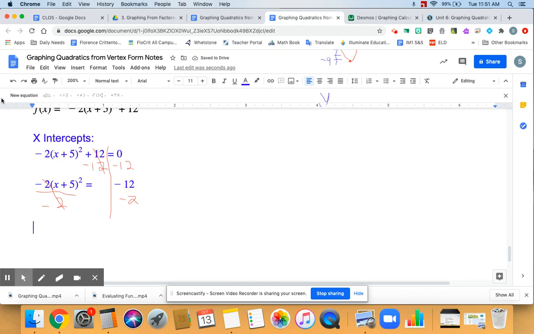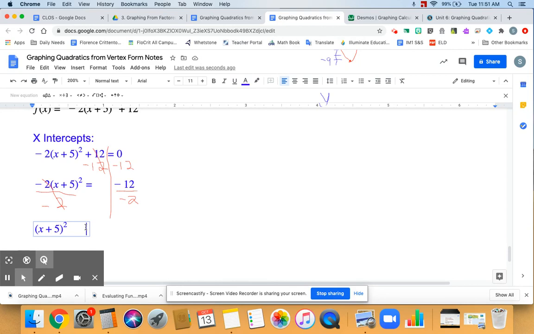So you just have one of the parentheses, the x plus 5, that's being squared. And then on this side, negative 12 divided by negative 2, a negative divided by a negative will become positive, and 12 divided by 2 is 6.